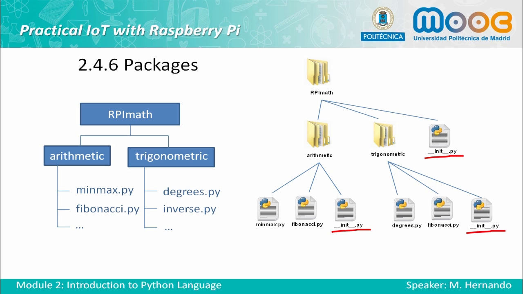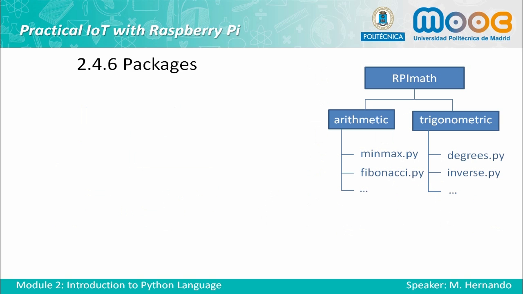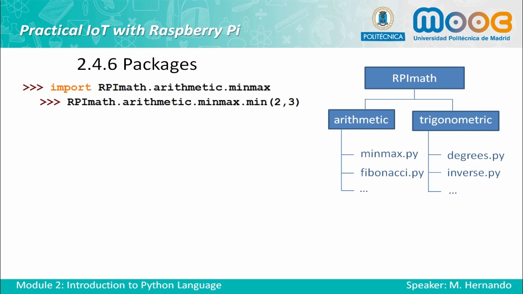Users of the package can import individual modules from the package. For example, import rpimath.arithmetic.minmax. This loads the submodule rpimath.arithmetic.minmax and must be referenced with its full name. An alternative way of importing the submodule is from rpimath.arithmetic import minmax.